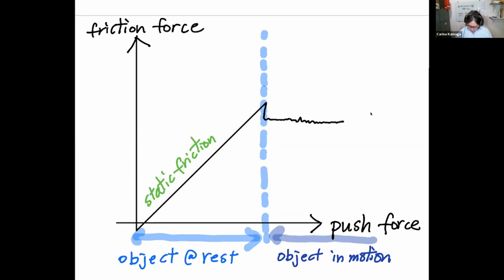And when the object is in motion, the friction force applied on the object in motion is called kinetic friction.